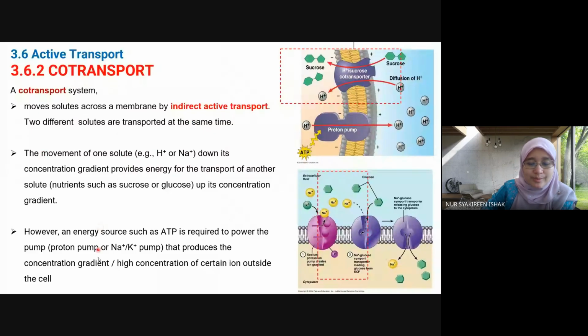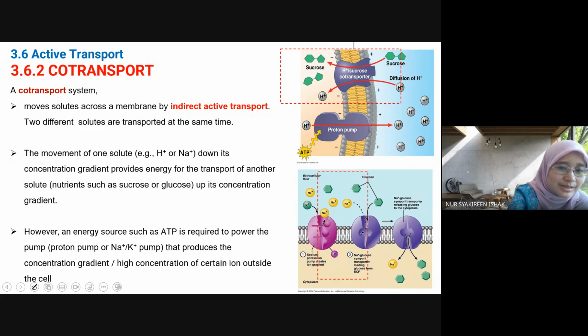So kita tengok dulu dia punya explanation. So the movement of one solute, which in this case here is hydrogen ion, down its concentration gradient from outside to inside the cell, provides energy. Nampak? Dual energy tadi kan?